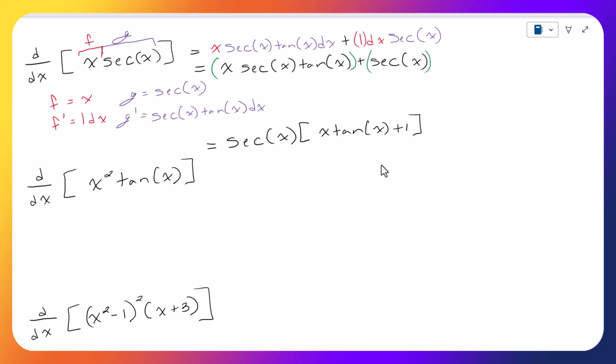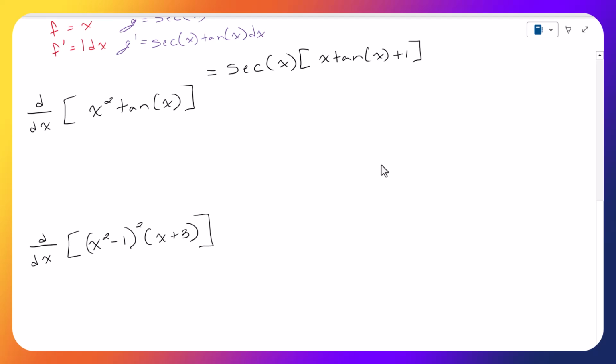Okay. Next one. D over dx. Just going to put this little squiggly there so y'all know the separation of my problems. So we're taking a lot of space. We have x squared tangent x. Two functions are being multiplied together. Oops, let me choose different colors.